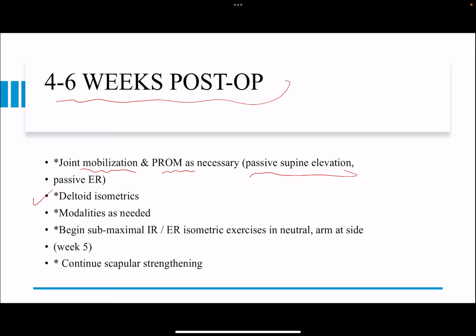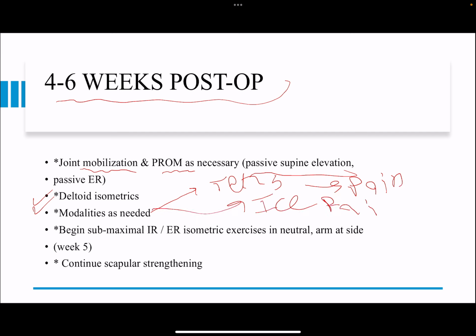Deltoid, it is a quick revision. Deltoid isometrics, modalities as needed, like TENS for pain, ice for edema, and the analgesics also for edema, and increased circulation.